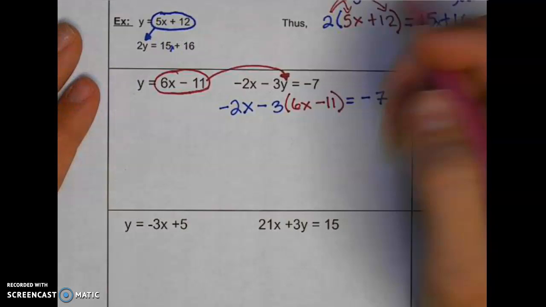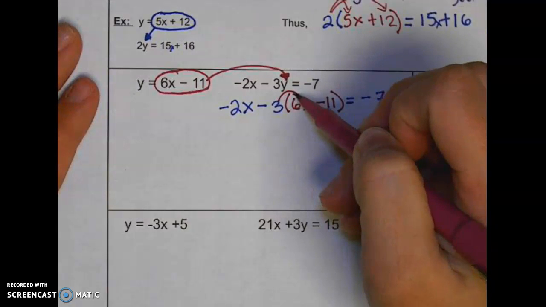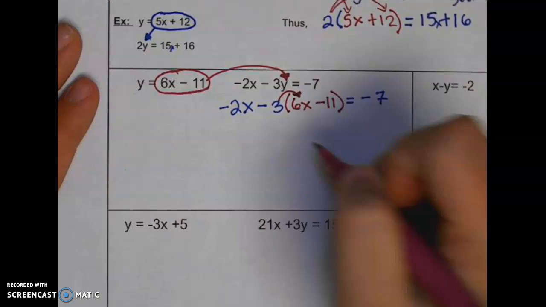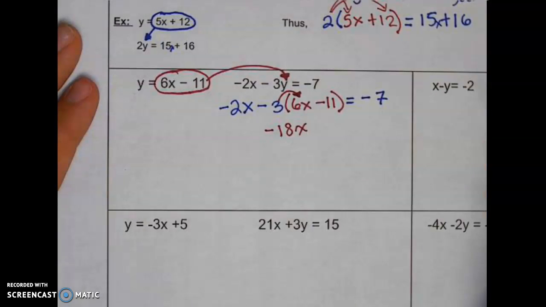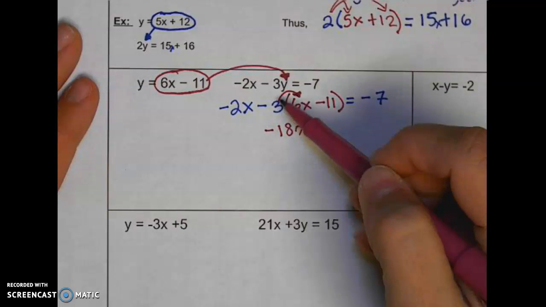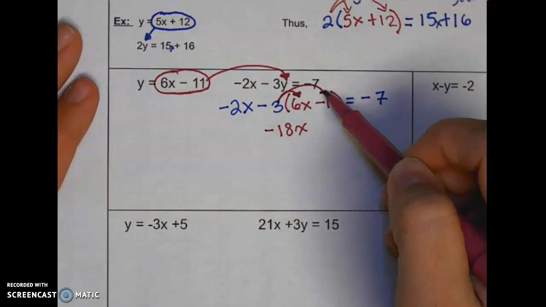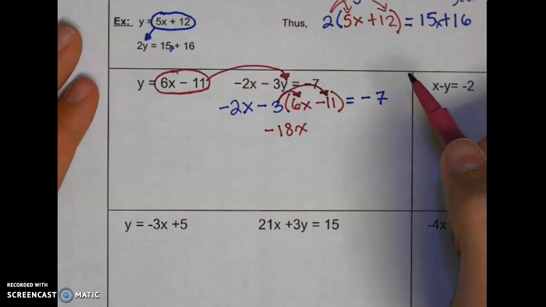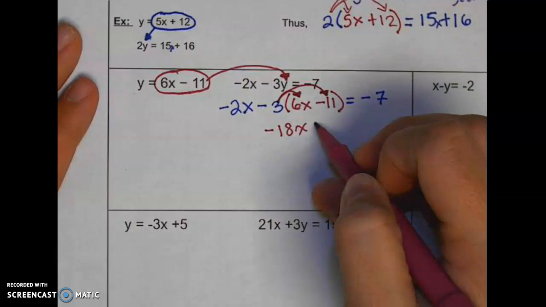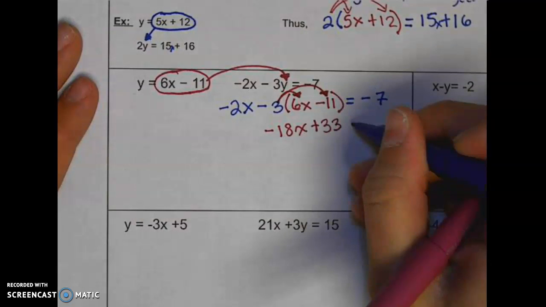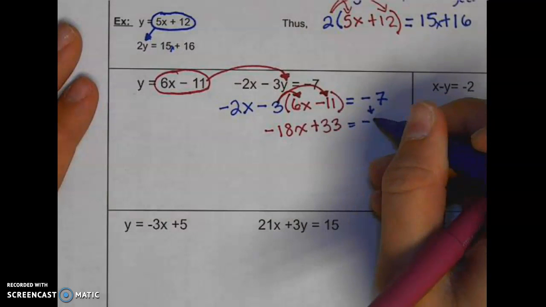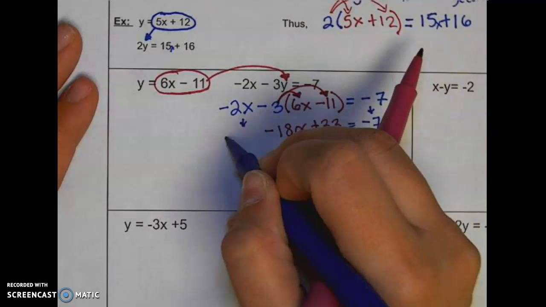So now I can distribute. A negative 3 times a positive 6 is going to give me negative 18x. Then I have to do the negative 3 to the negative 11. Remember, everything in the parentheses I have to do. A negative and a negative is a positive, so I get a positive 33. And I'm going to bring everything else down that I did not move, touch, or interact with.